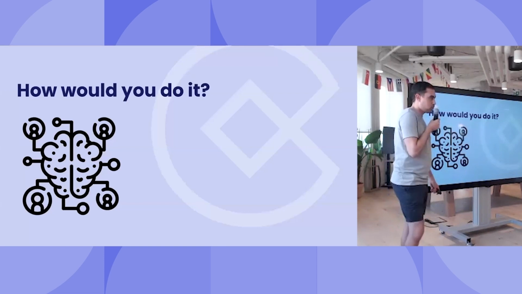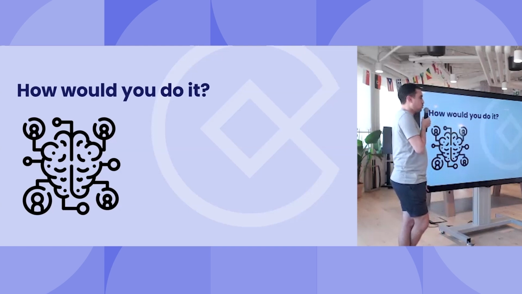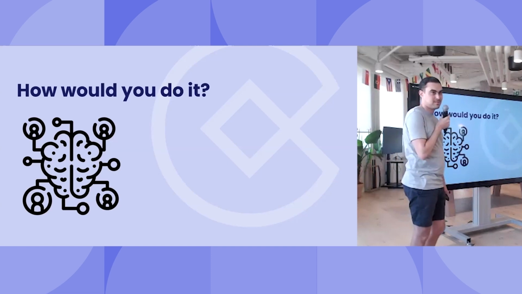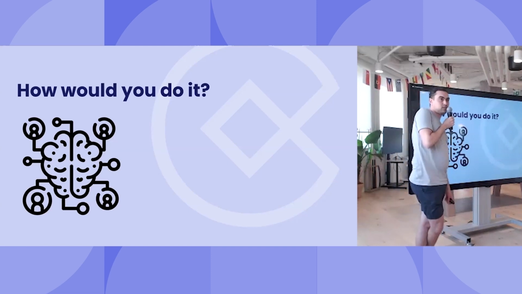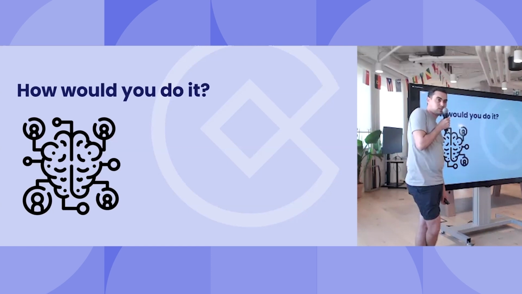Okay, so now let's move to the solutioning part. Can anybody tell me what their approach would be to solve this task? Any ideas? Clustering? Yes, clustering, okay. So you would be applying clustering on URLs, right? Yeah, can be one solution.